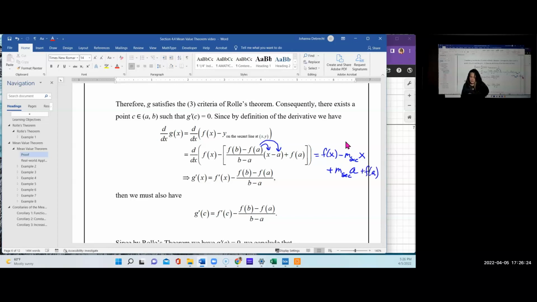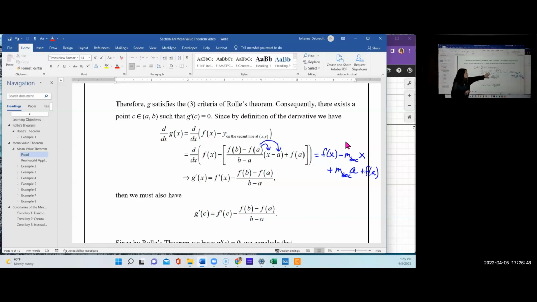So now we have the function itself minus the slope of the secant line times the variable x plus the slope of the secant line times the constant a plus f of a, which is also a constant. Remember, a is the left endpoint of the interval. It's known, so is f of a.